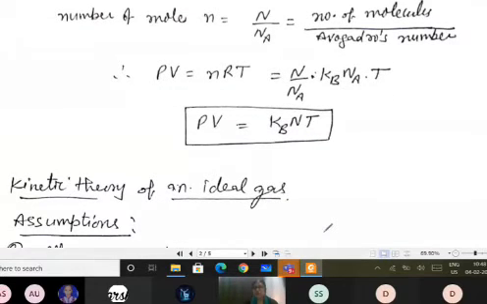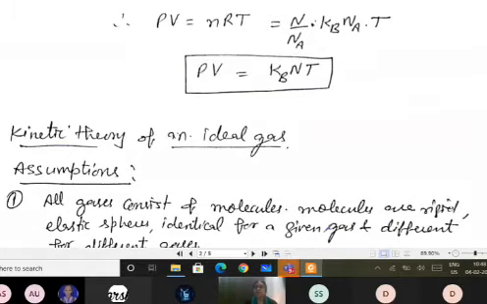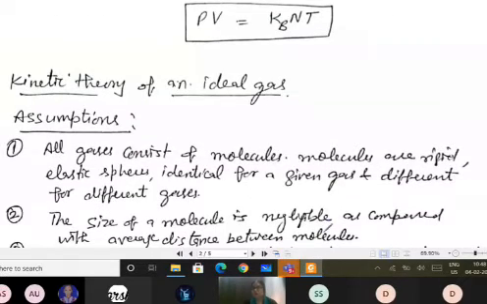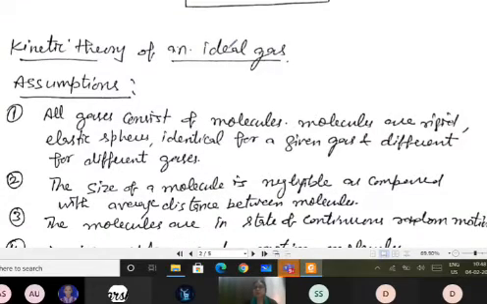An important thing, which can be asked as a 5 marker question, is that you have to tell what the kinetic theory of an ideal gas is, and derive the expression for the pressure exerted by an ideal gas. Of course, when I'm talking about the kinetic theory of ideal gases, I'm talking about the motion of the molecules. If they are in a container, they exert pressure on the walls of the container.